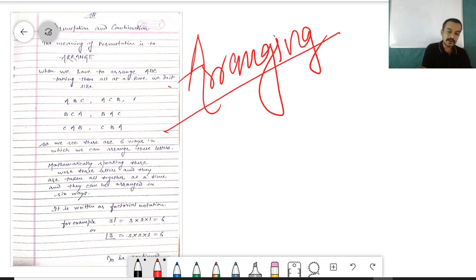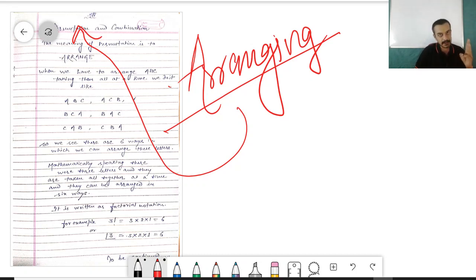Those arrangements are known as permutations. Is it clear? Okay. So what we have done now: 3 letters were taken, A, B and C. They were arranged in different manners, and we found the number of arrangements that are possible. That becomes factorial. Okay. Thank you and have a nice day.